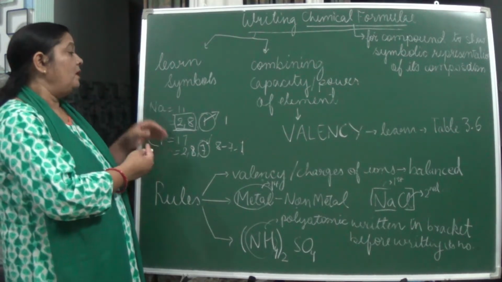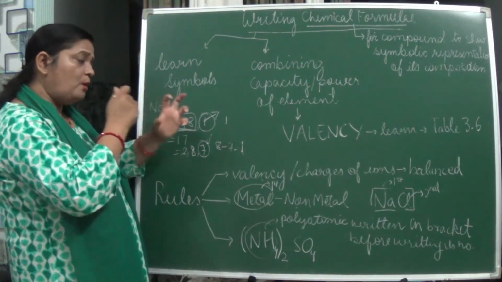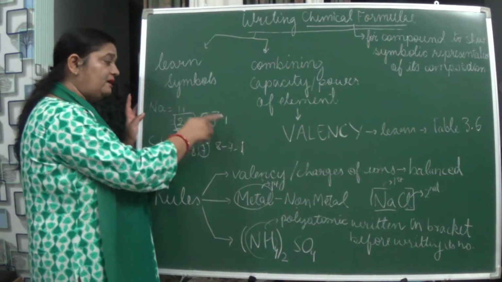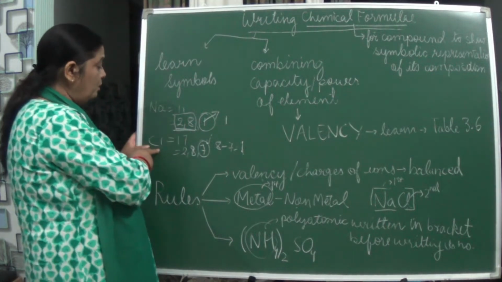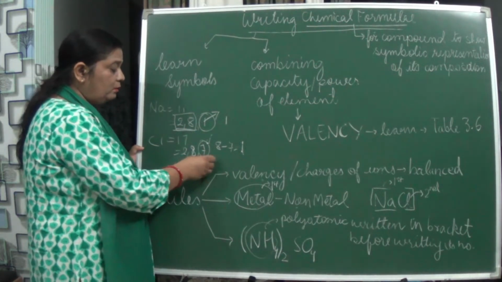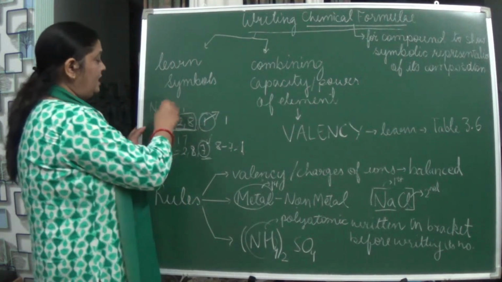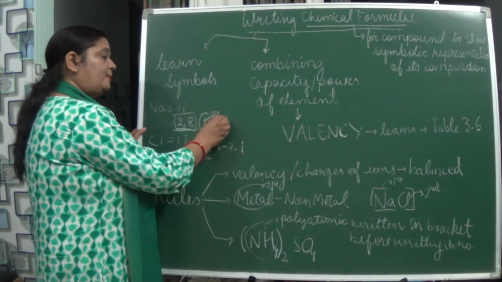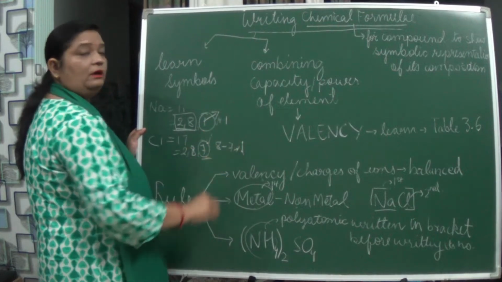Sodium can give 1 to become stable, and chlorine can take 1 to complete its octet. So the valency of sodium is plus 1 and chlorine minus 1, but when we write it, we write only 1.